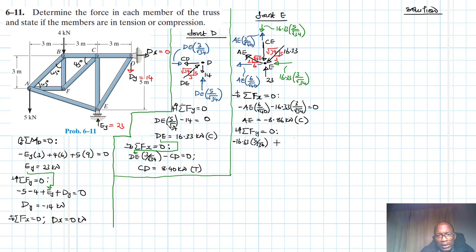Then we have plus AE 2 divided by root of 40. Then we have minus CE, then we have plus 23 equal to 0.